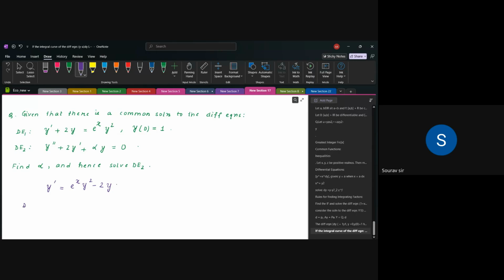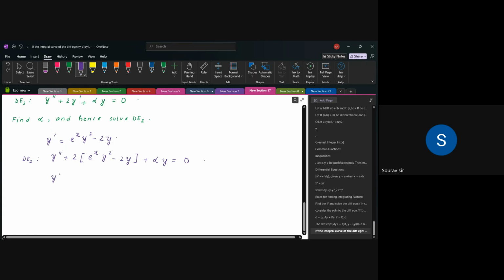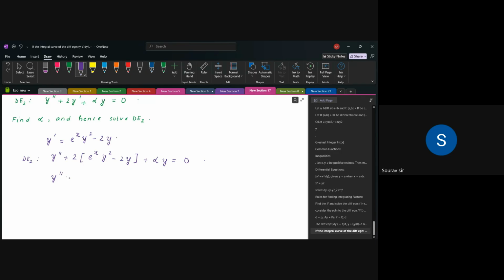And if I try to substitute it in the second equation, y double dash plus 2 times... plus maybe alpha minus... And then how will you solve?